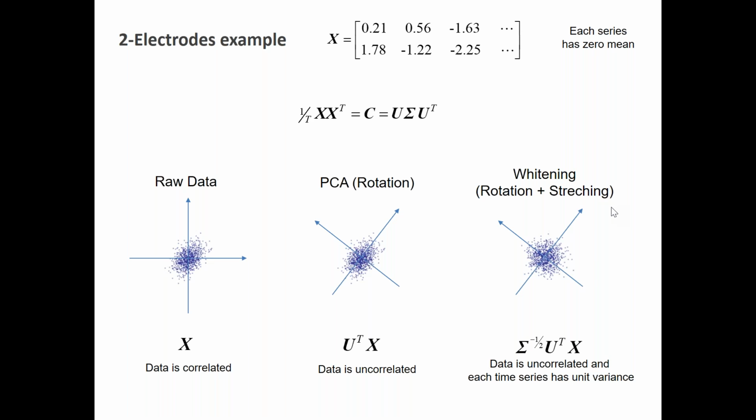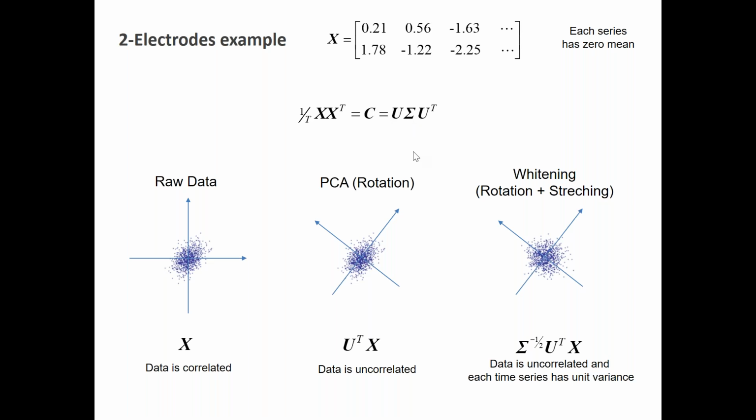So advanced signal processing methods usually require this step first, and then there is a second step to do to obtain your results. So we are half the way to getting some results of an advanced signal processing method. Half the way is just doing this whitening, and this whitening is very simple. You just multiply the data by this matrix U, which is our eigenvectors given by the decomposition, and the square root of the inverse of this diagonal matrix sigma, which are the eigenvalues of your covariance matrix.